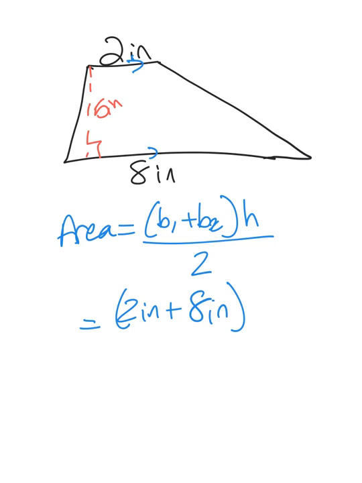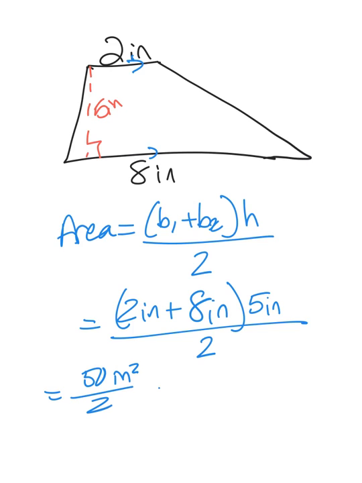There you go. So it would be times 5 inches all over 2. All right, so 2 plus 8 is 10. 10 times 5, that would be 50 inches squared over 2, which would be 25 inches squared. Got it?